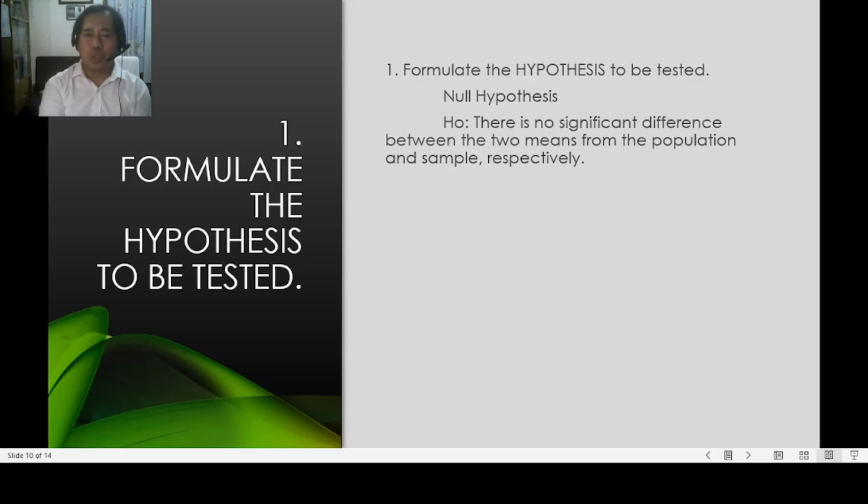So that is 400 megapascal. Now what about the mean tested by the manager? That is the 390 megapascal. So these are the means that we are talking about. Now there is a difference, but of course we try to determine if it is significant or not.